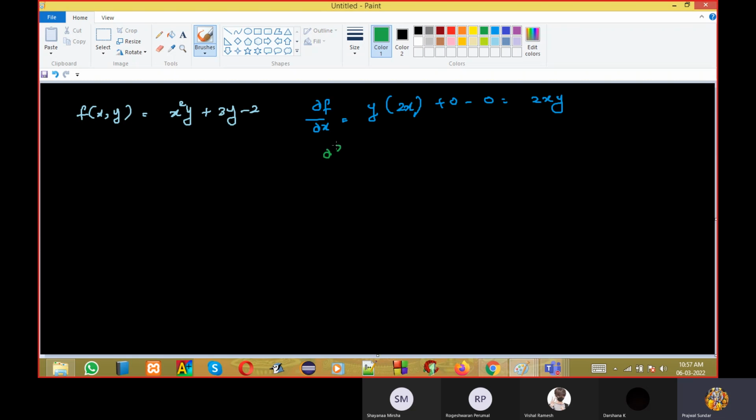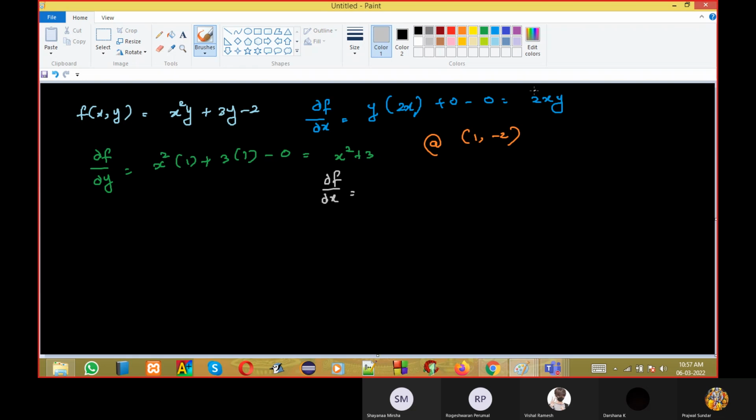What is dou f by dou y? It will be x squared into 1, plus 3 into 1, minus 0. So it will be x squared plus 3. Now at 1 comma minus 2, what is the value? 2 into 1 into minus 2 is minus 4.